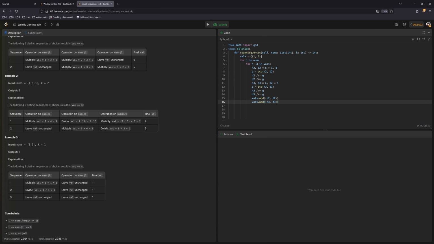Yeah. Now, if it's 1, well, no, let's see if this works. Let's see if this works. So if k comma 1 in vals, then return the following distinct sequences.